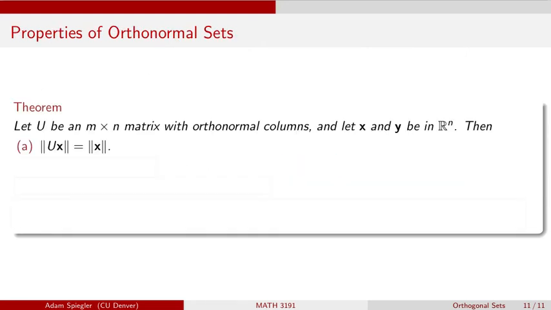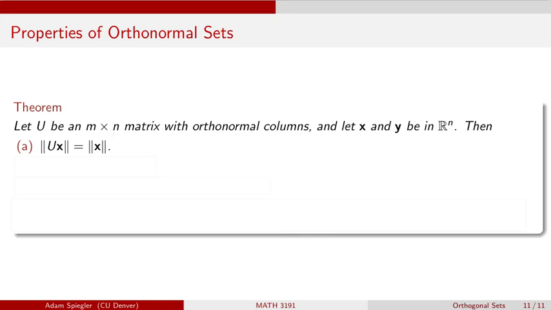Okay, and finally, I want to wrap this up by stating some nice properties of orthonormal sets. So let's let U be an m by n matrix where all of the columns of matrix U form an orthonormal set. Then let's take any vectors x and y that are in Rn, where here n is denoting the number of columns of this matrix U, so that these products are going to make sense.